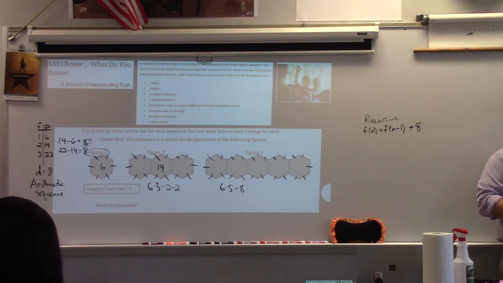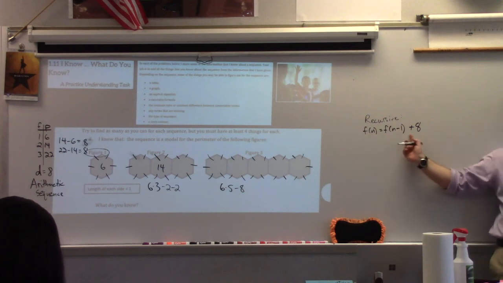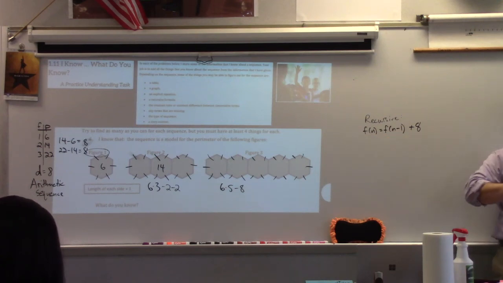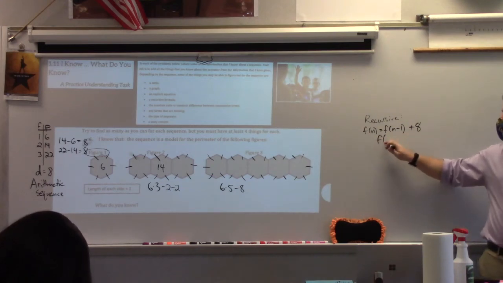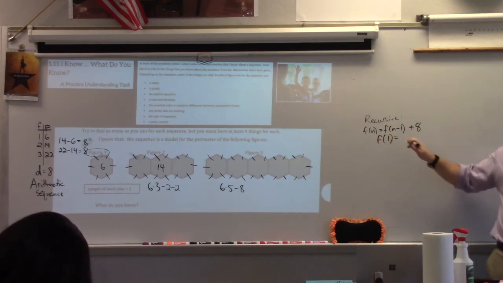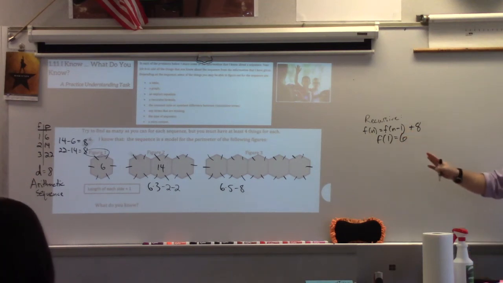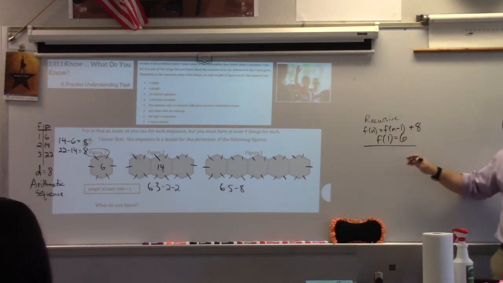Please remember, this always defines the rate of change, and that's it. The relationship between the current and the previous defines the rate of change. That's all it does. So you still need where that function started. F of 1 is equal to 6. Once you know both the rate of change and the starting point, then you can more easily write the explicit equation.